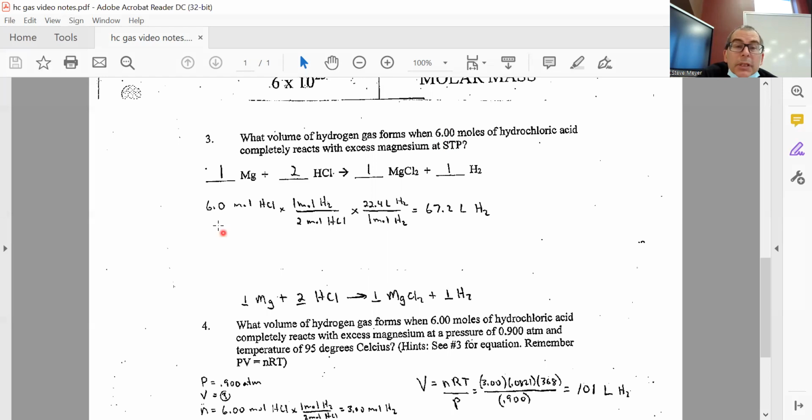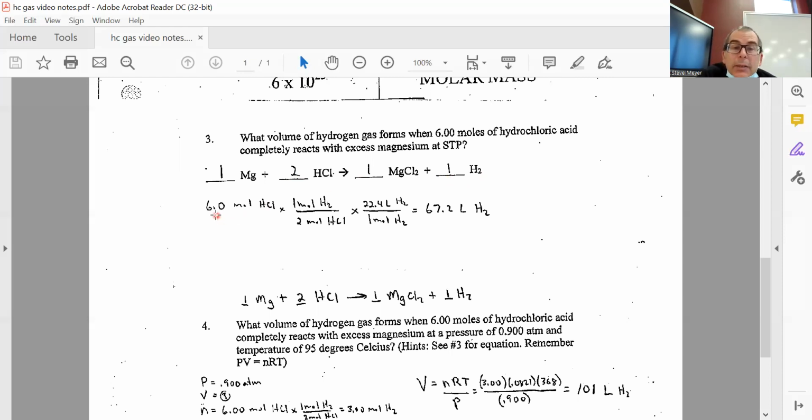So I have 6 moles of HCl, and I'm trying to find the volume of H2 gas that is produced. Can I compare a reactant and a product? Yes. So the first step is to take my moles of HCl and then say for every 2 moles of HCl, I only have 1 mole of H2.